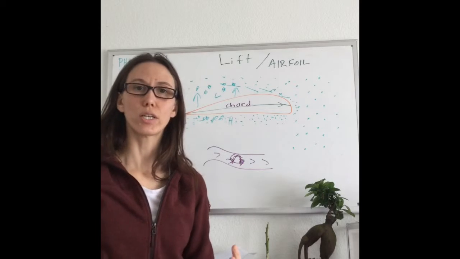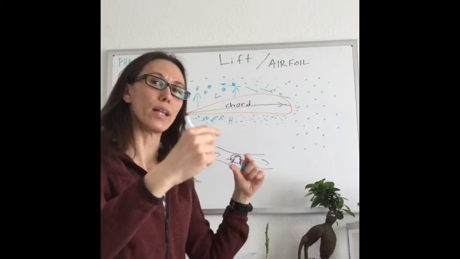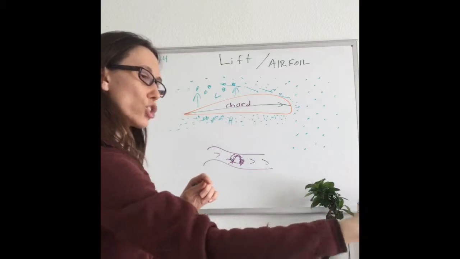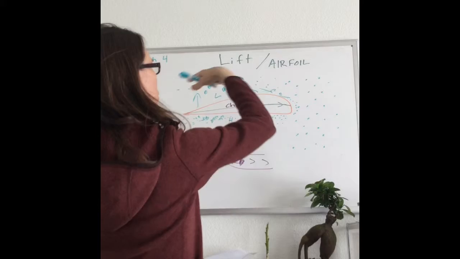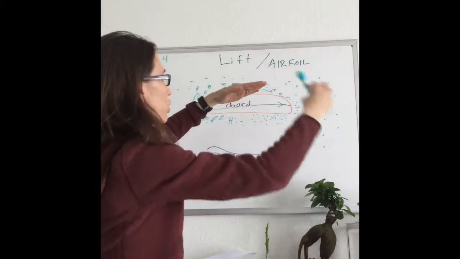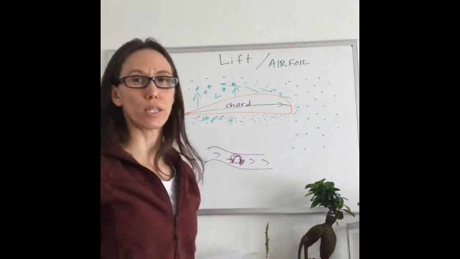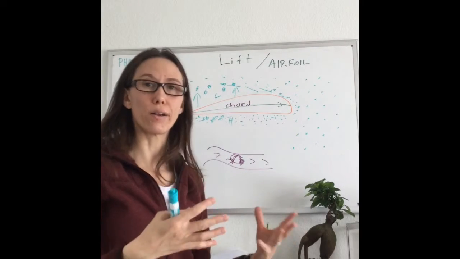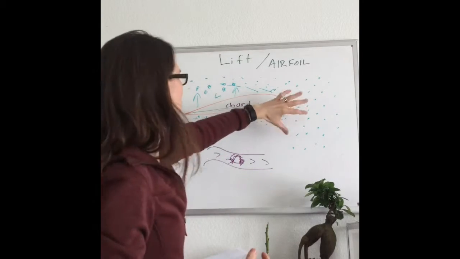If you ever get the chance to look at a wind tunnel with the experiment of the actual airfoil in the wind tunnel, you'll see the smoke coming at the airfoil, and it'll actually do something similar to this. And as you move the airfoil, it changes the patterns of the wind, which is really interesting. It explains a lot about what's happening when you're flying. So your wind in a wind tunnel would look something similar to this.